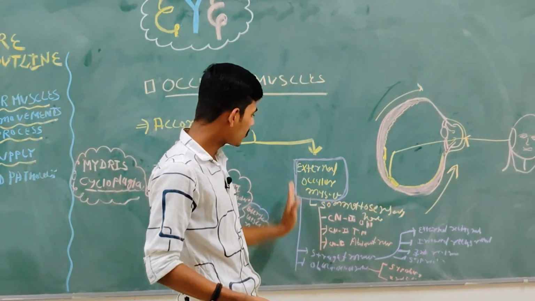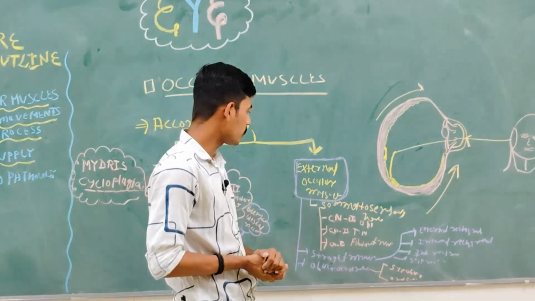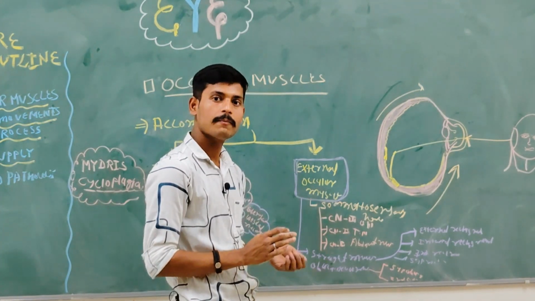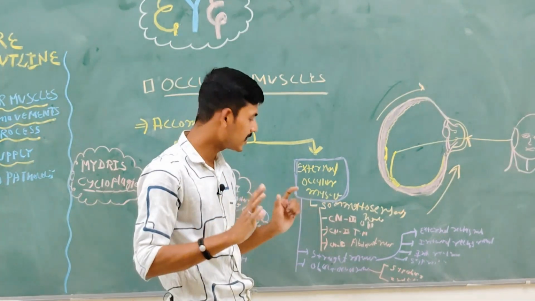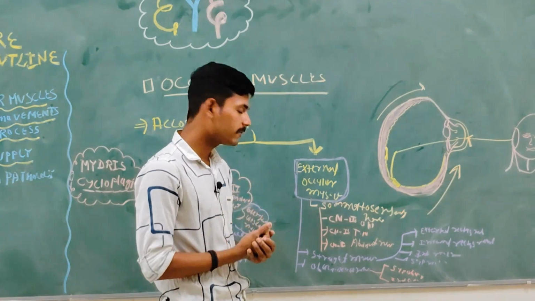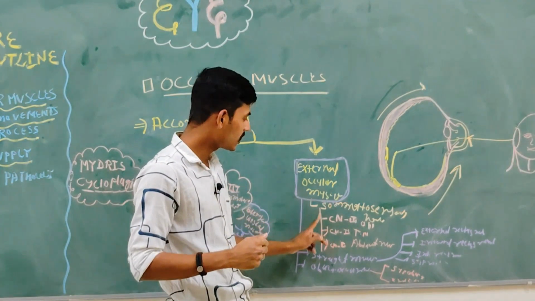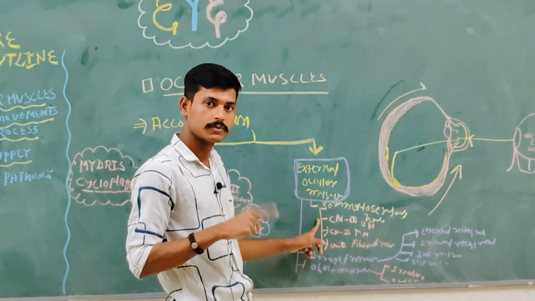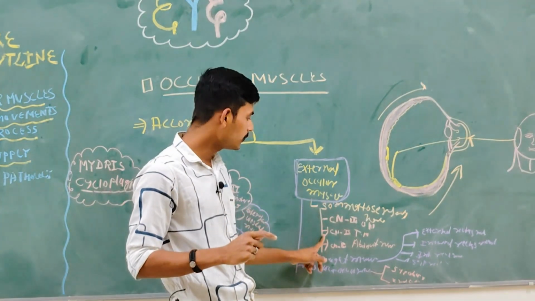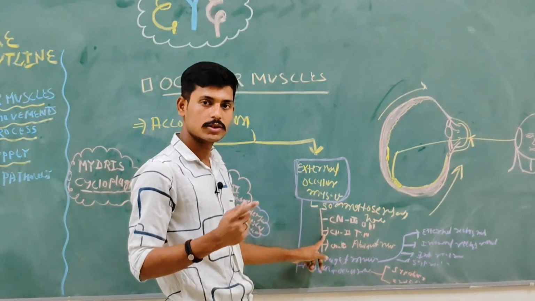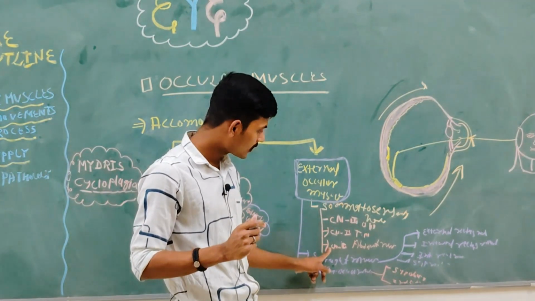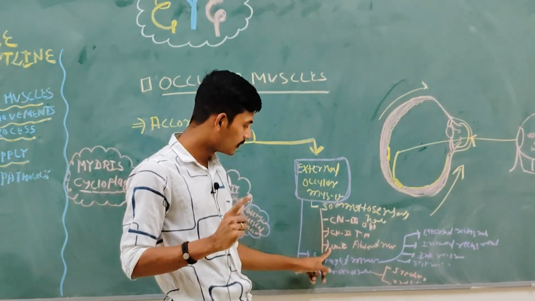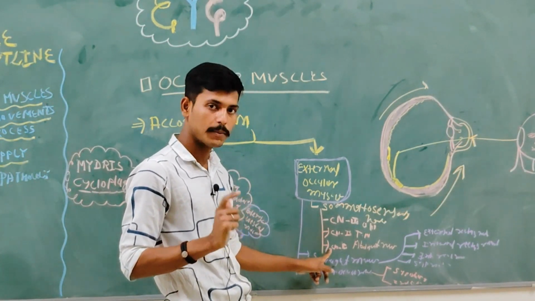Now come to the external ocular muscles. These are supplied by somatic nerves. Three kinds of cranial nerves are involved: cranial nerve 3, the oculomotor nerve, cranial nerve 4, the trochlear nerve, and cranial nerve 6, the abducent nerve.